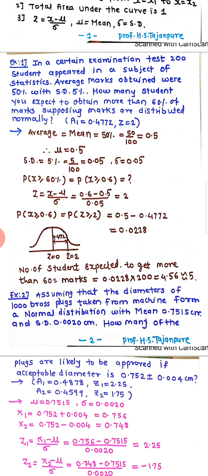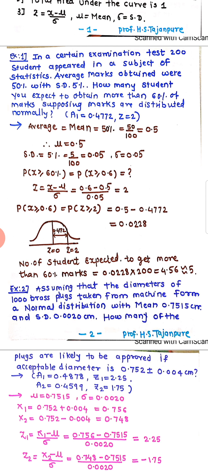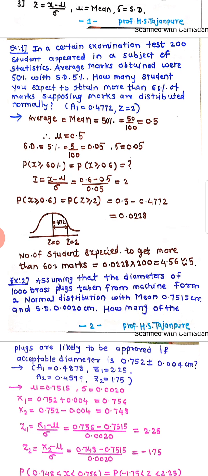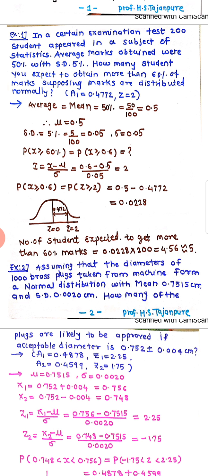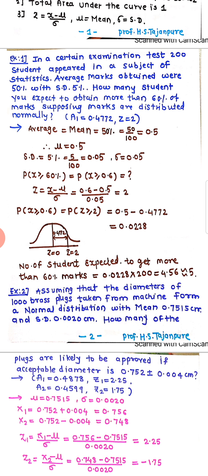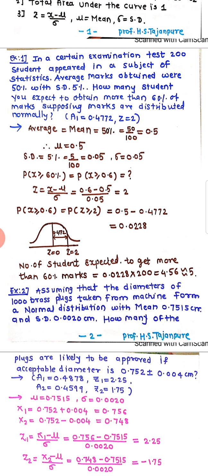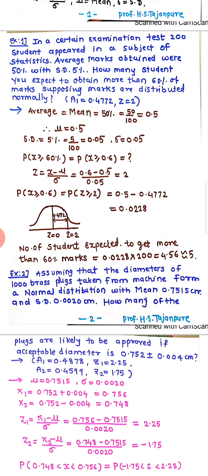Now the average, that is the mean, which is given as 50%. 50% means 50 upon 100, which equals 0.5. Therefore mu is equal to 0.5. The standard deviation is given as 5%, that is 5 upon 100, which equals 0.05, and we denote the standard deviation by sigma, so sigma equals 0.05.